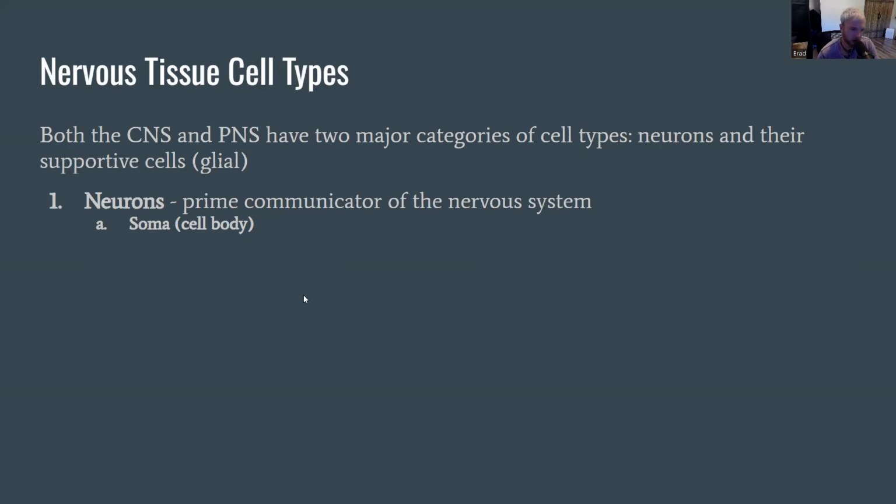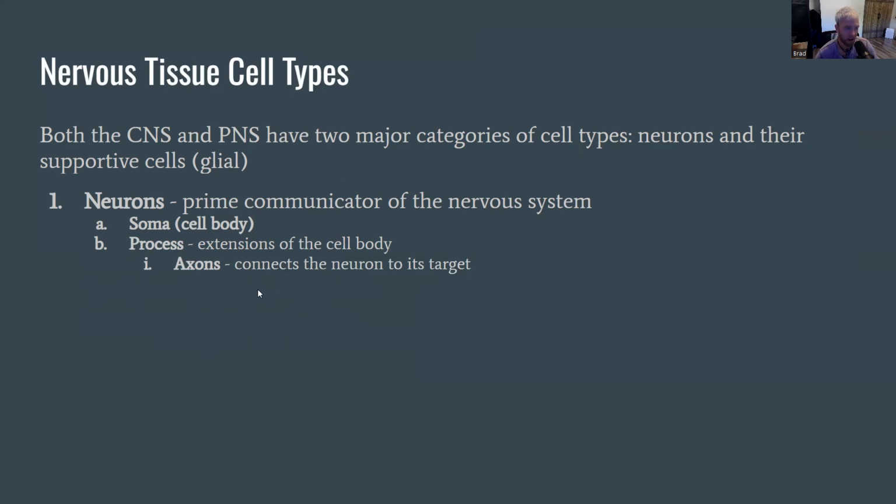Soma means body. And then they have processes. There are essentially two processes that extend from the soma of a nerve cell: the first is the dendrites, and the second is the axon. As we'll see when we step into the different types of neurons, each one comes with its own set of processes that come off of the soma itself.